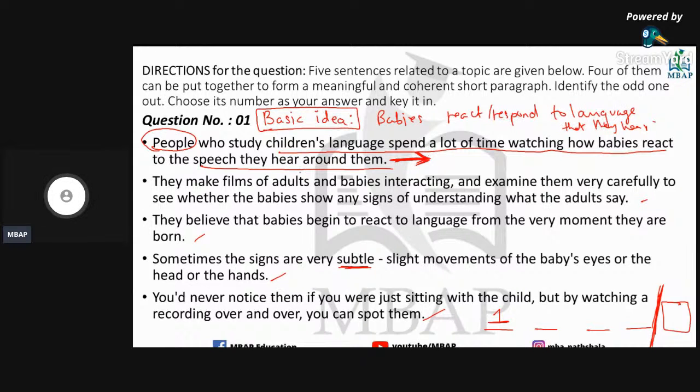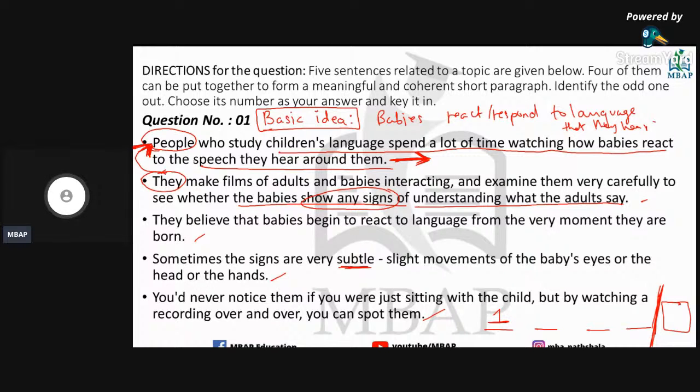Now I want you to read sentence two carefully. They make films of adults and babies interacting and examine them very carefully to see whether the babies show any signs of understanding what the adults say. You need to understand one thing: the pronoun used in this sentence, "they," refers to these people mentioned in sentence 1.